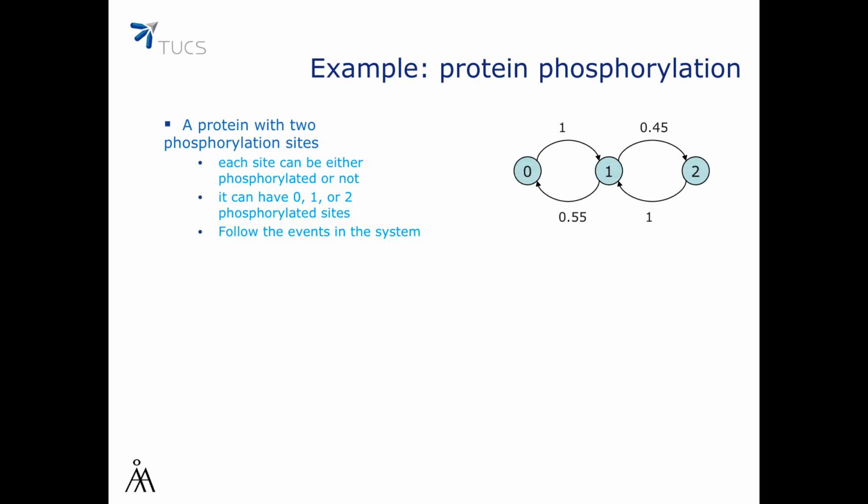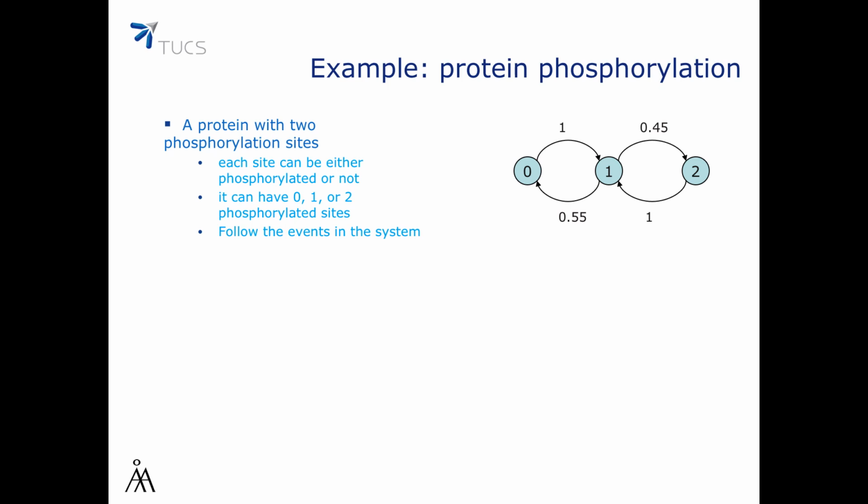So in this model, from being 0 phosphorylated, there is a 100% chance that at some point we will become 1 phosphorylated. And once you have one of the sites phosphorylated, there is a 45% chance that the other site will also be phosphorylated, meaning that we transition to state 2 where we have two sites phosphorylated.